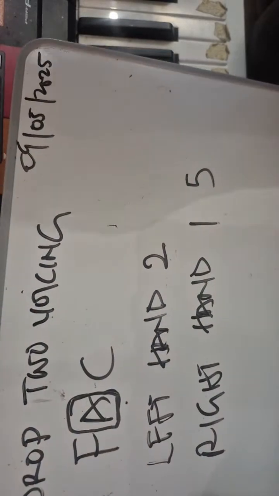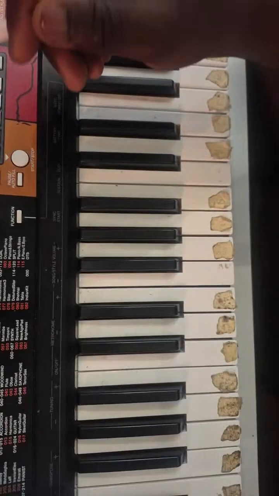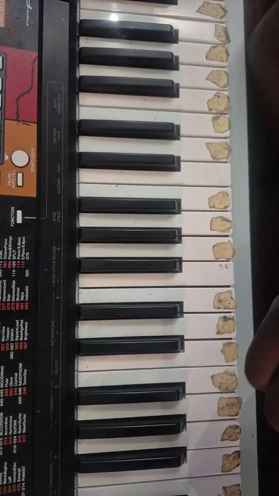Actually, what makes a lot of people sound different from others is they are playing the same thing, but the way they position it, or the way they apply what they play, is what makes it different. So this is called a drop two concept, and just look at how that's going to sound now.